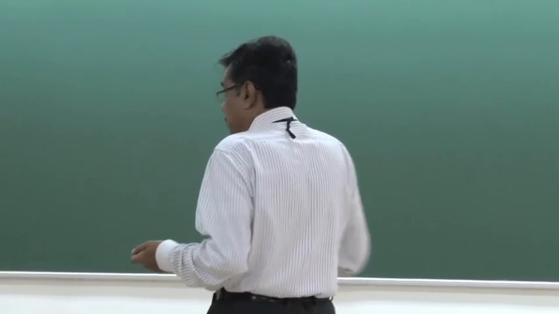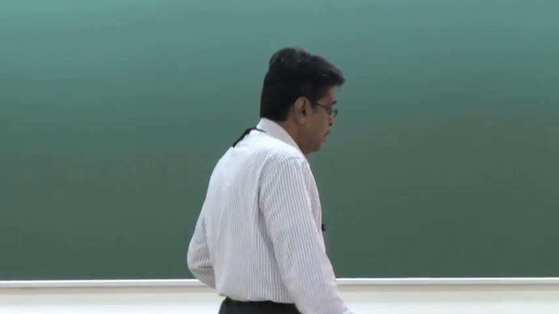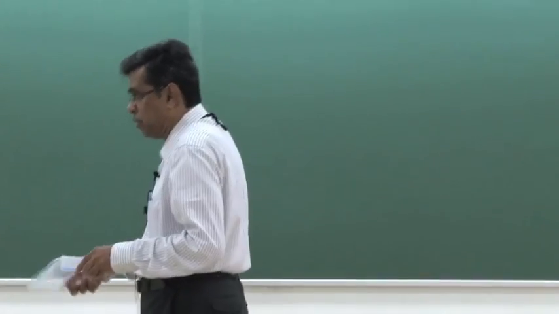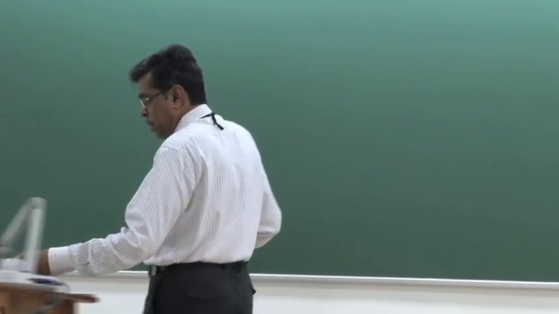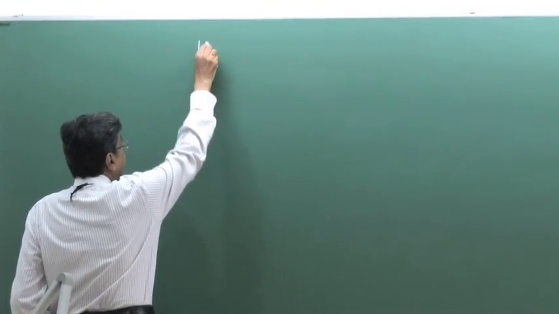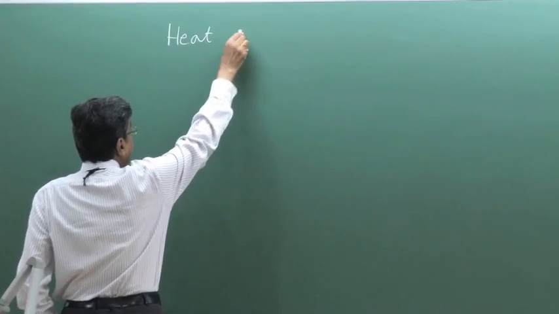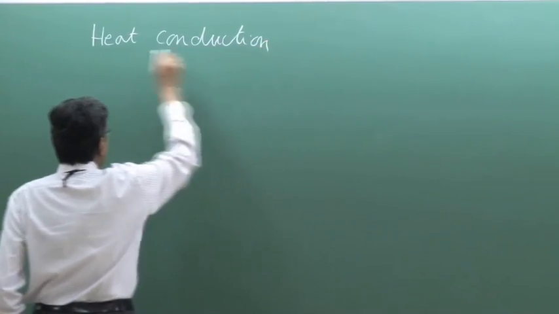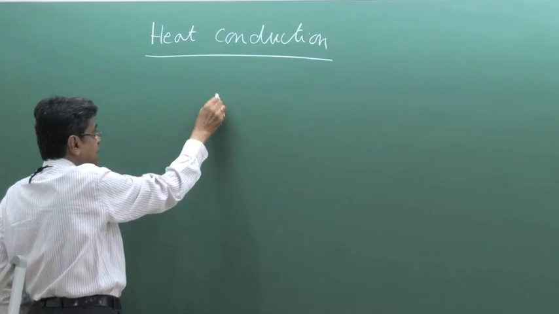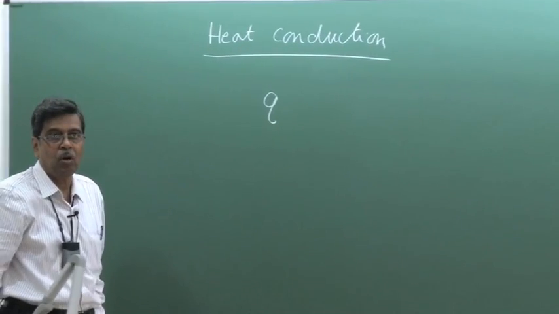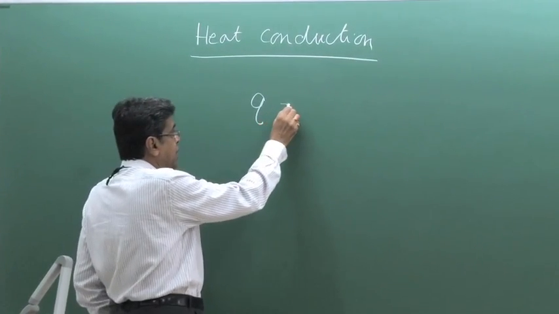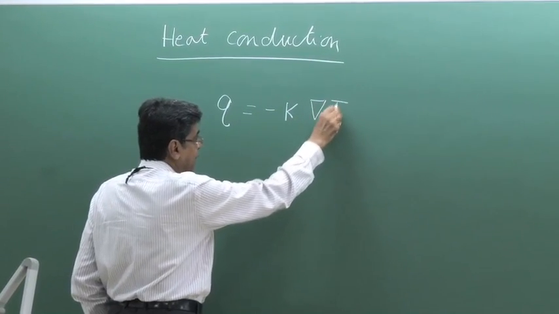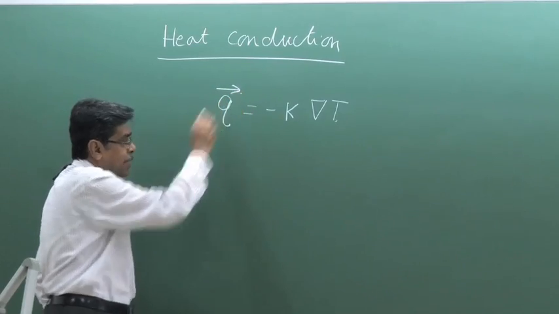And now think that the heat conduction again, then we have seen that the heat flux, that is the heat transfer per unit area normal to the direction of heat transfer, is minus k grad T, where the heat flux is taken as a vector.